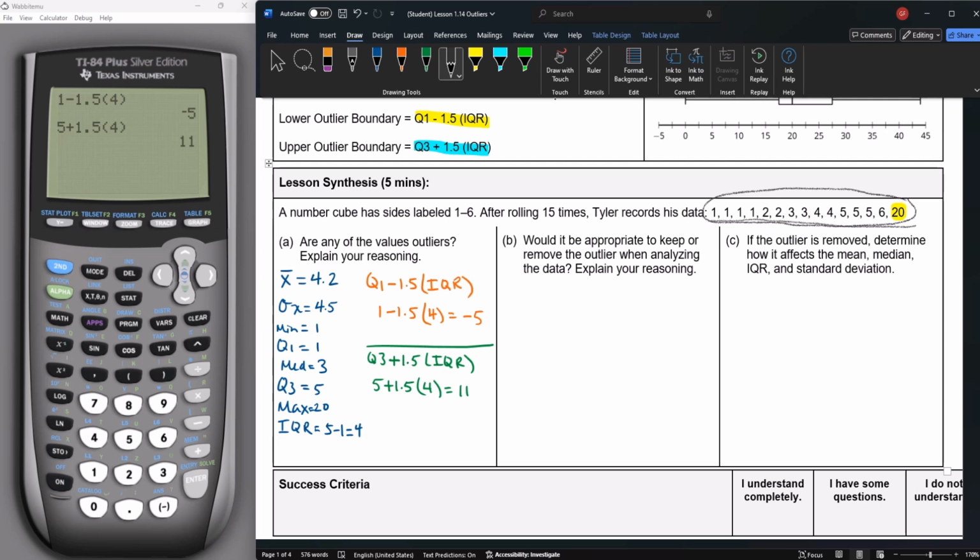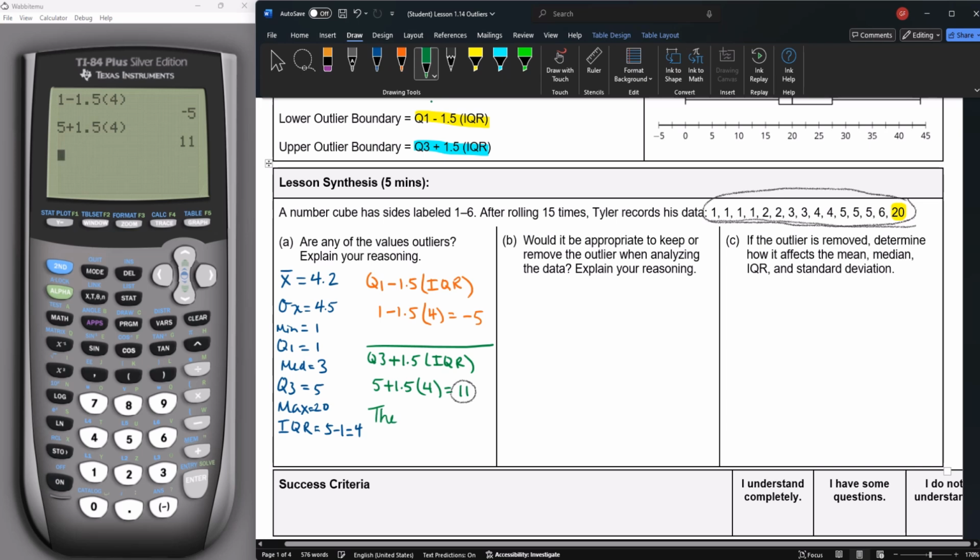Now let's take a look at whether we have an upper outlier, which we do suspect. We suspect that it is 20. In this case, the answer that we got was 11. So any of the numbers in our data set that are greater than 11 is considered an upper outlier. In this case, 20 would be our outlier.